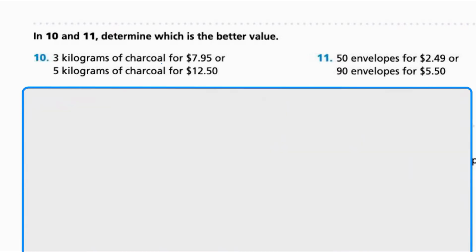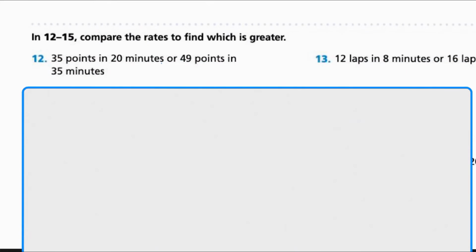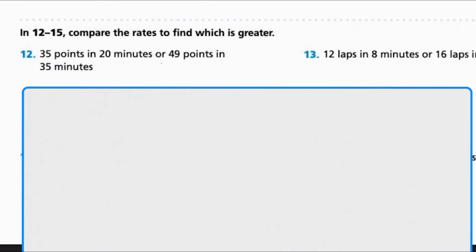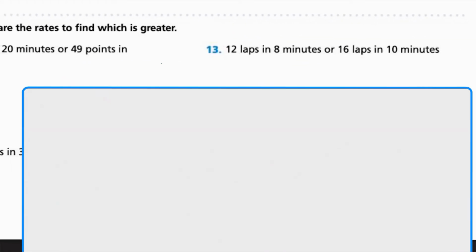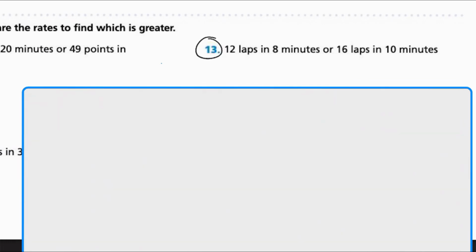Okay. So now we're going to go on to some other problems here. And this one, it says, compare the rates to find which one is greater. Okay, so I'm actually going to do number 13 over here. It says 12 laps in 8 minutes or 16 laps in 10 minutes.